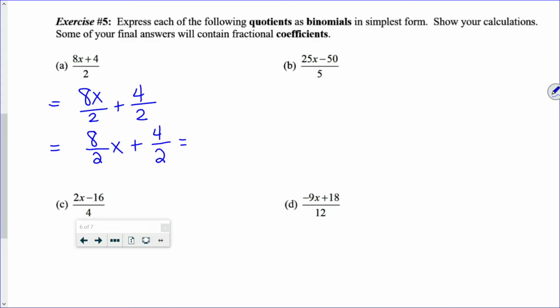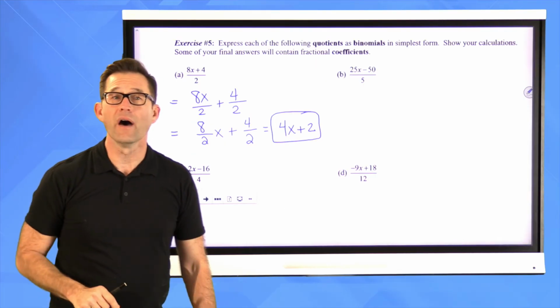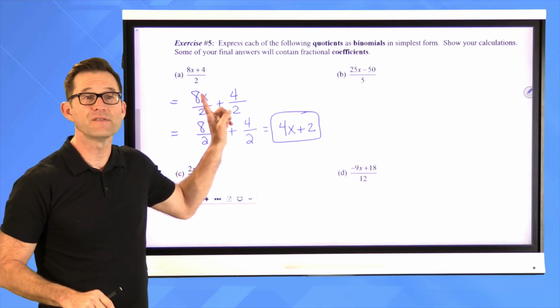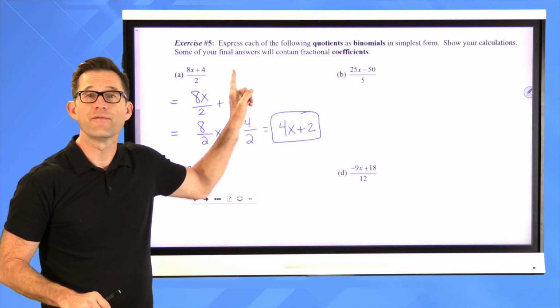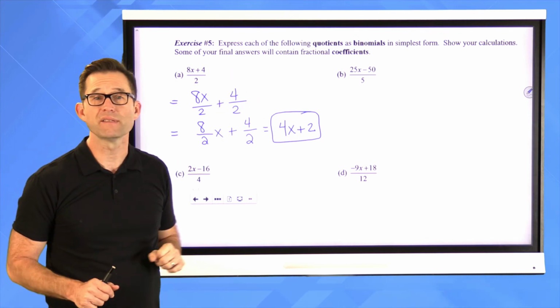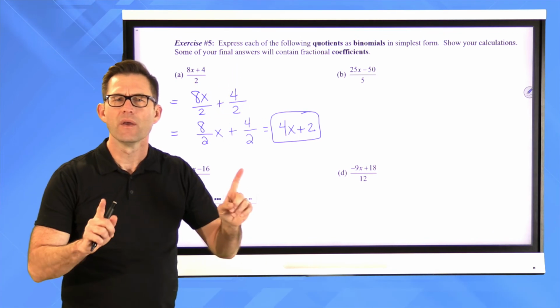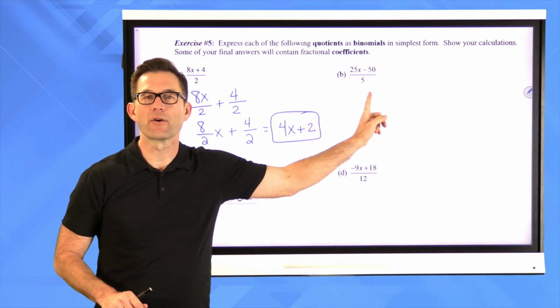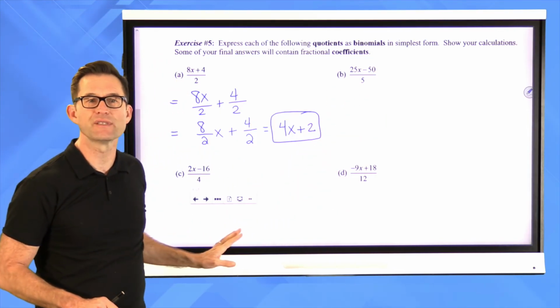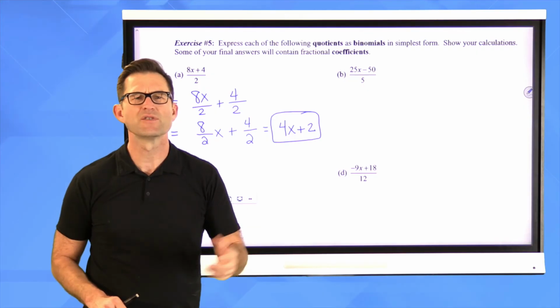Of course, 8 divided by 2 is 4, so that's 4x plus 2, right? And all I've really done is I've just divided 8 by 2, and I've divided 4 by 2. That's it. Simple enough. Why don't you go ahead and try to do letter B on your own, and then we'll take a look at letter C and D, which involve some additional fraction work.